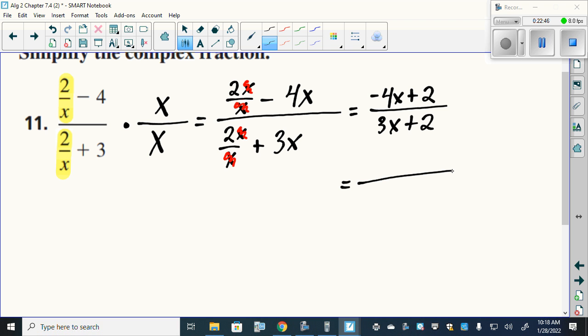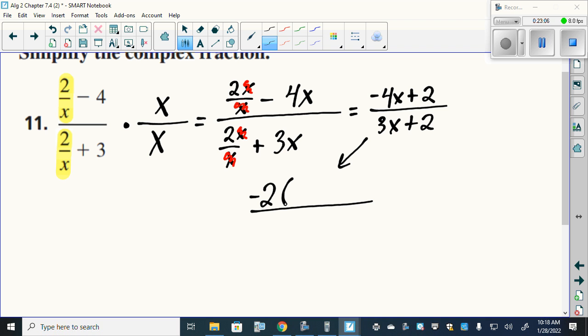Now, there's 2 ways we can factor this out. One of the ways is I can actually not just factor out a 2, but a negative 2.